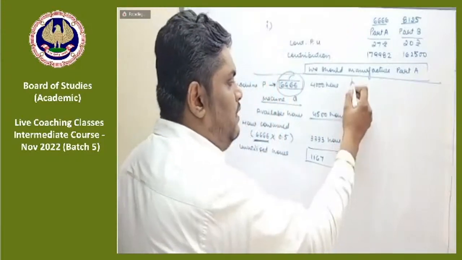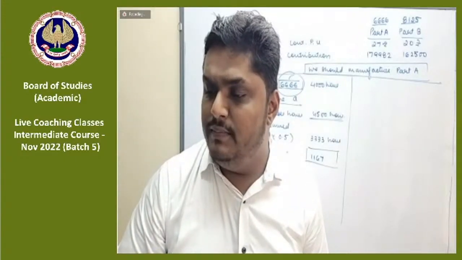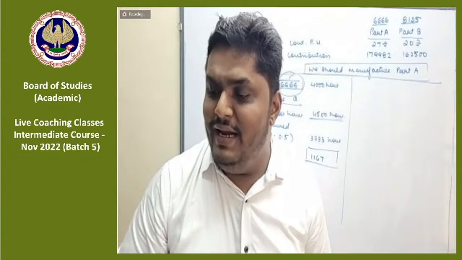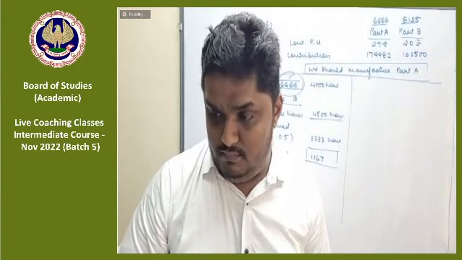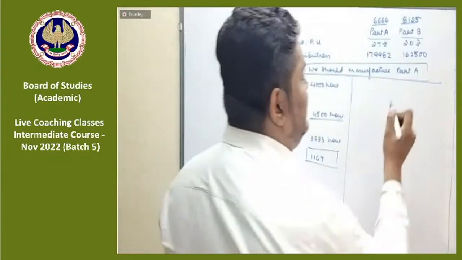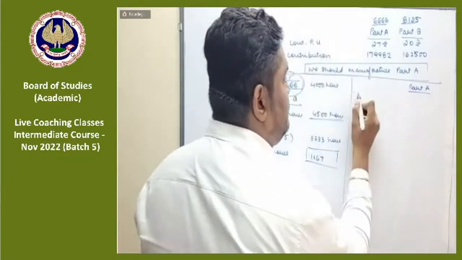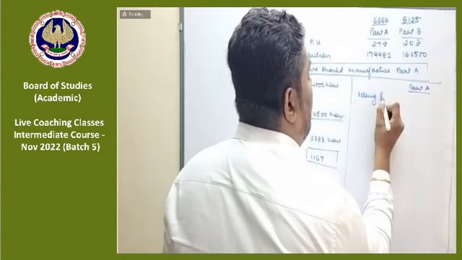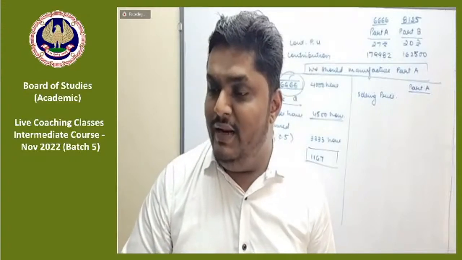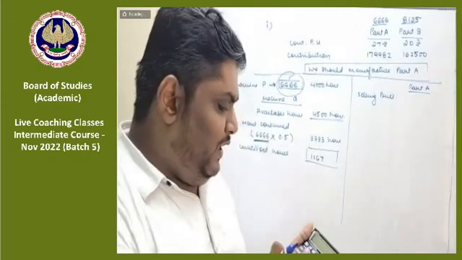So this is how the solution is prepared. Now here the target price of part A is reduced by 10%. It means the revised selling price will be how much? The selling price of part A is given in the question, that is 145.